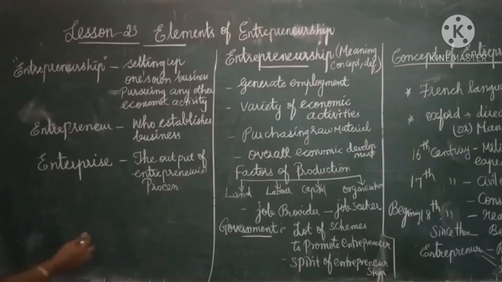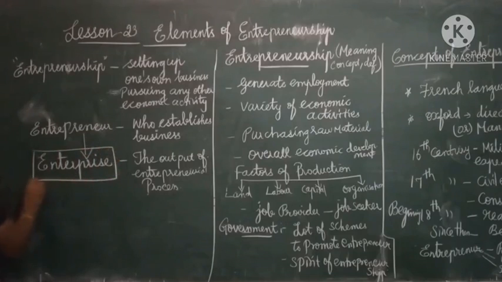So, he must establish the enterprise, and then in the enterprise he does a lot of business and joint ventures, and then he becomes an entrepreneur. So, everything is interlinked and interrelated. In your book, they have given the diagram.